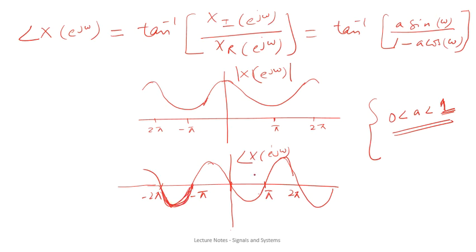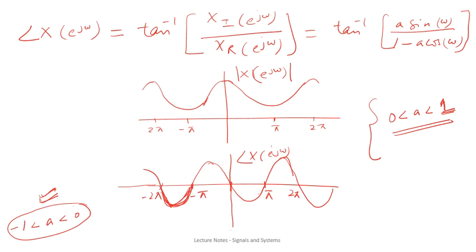Similarly, for the values of a in between -1 and 0, the curve will be different. Whatever maximum point you are seeing here, in this range this curve will be somewhat different, so you can try to plot it for this value.